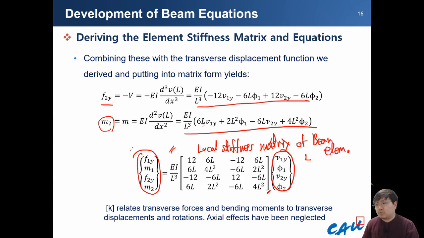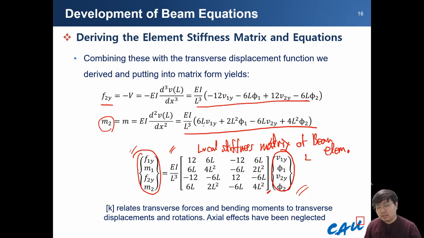This is how to derive the local stiffness matrix. Compared to the truss element, it takes more time to derive the local stiffness matrix of the beam element. But finally we reached the 4x4 local stiffness matrix.